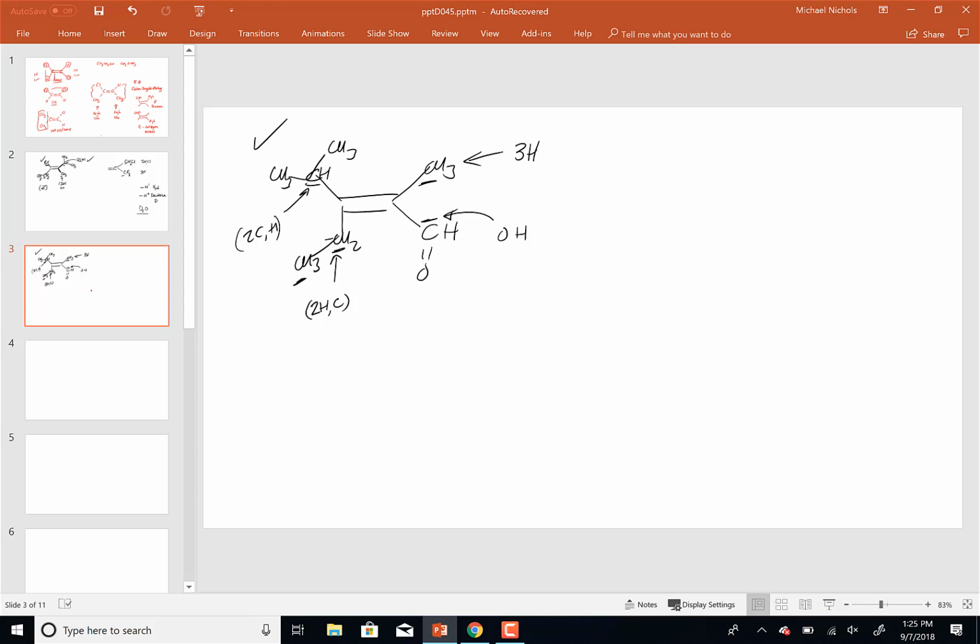I'm comparing 3 hydrogens on the CH3 versus only 2 atoms for the bottom one, and that's not fair. I need to compare 3 things versus 3 things. So what happens? That was going to be a rhetorical question, but feel free to answer.